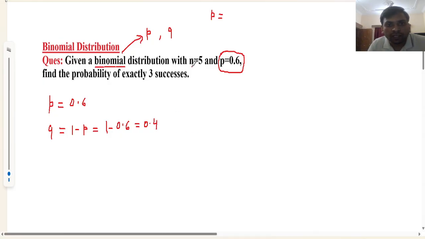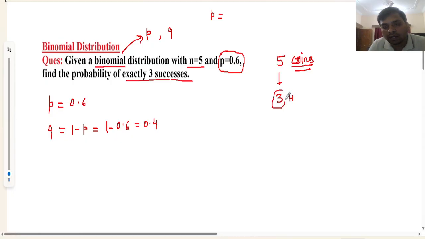Now, with n equals 5 and exactly 3 successes, we can understand this case. Suppose we have 5 coins, and in a single tossing of the 5 coins we are talking about getting 3 heads.